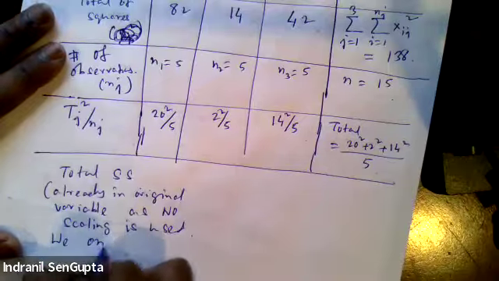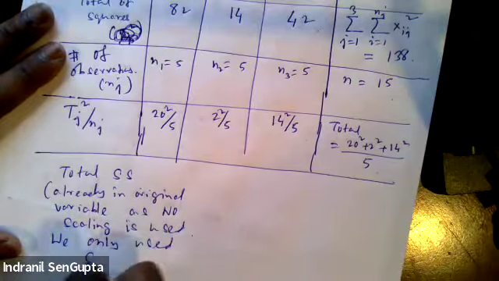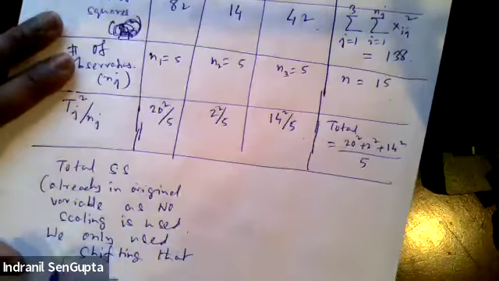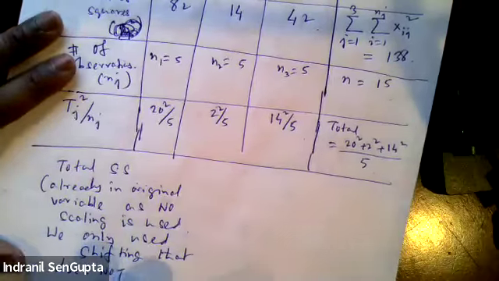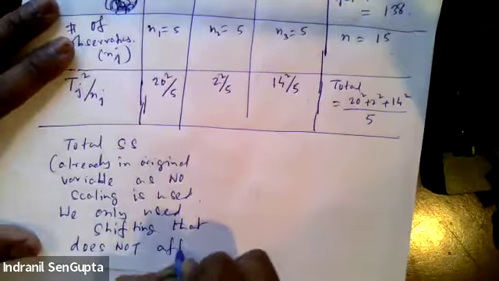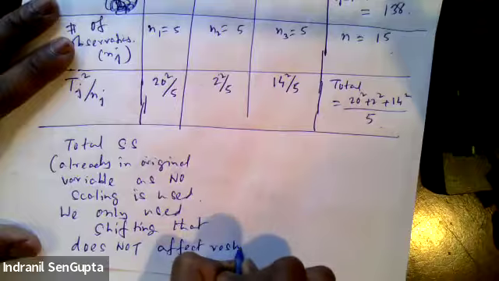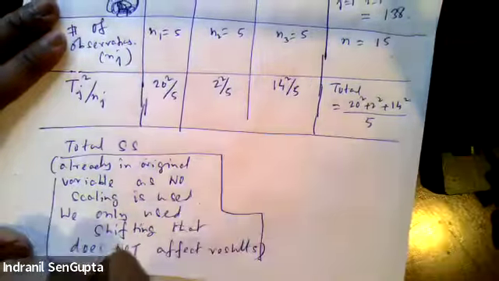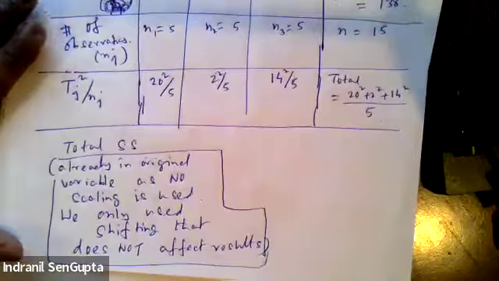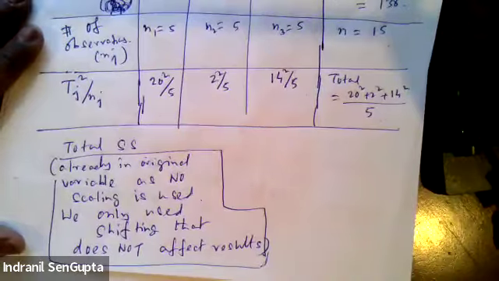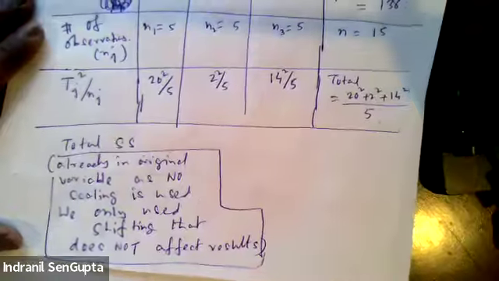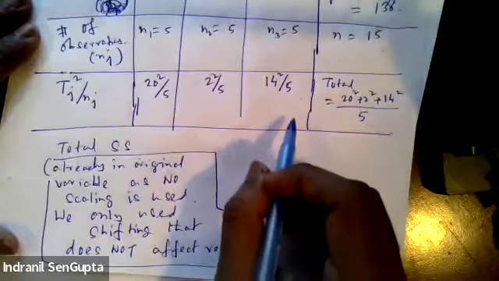We only used shifting, which does not affect results. Remember, in the last problem we were multiplying by 25, because of 5 squared, since we had scaling there. But here it's only shifting, so it does not really matter.